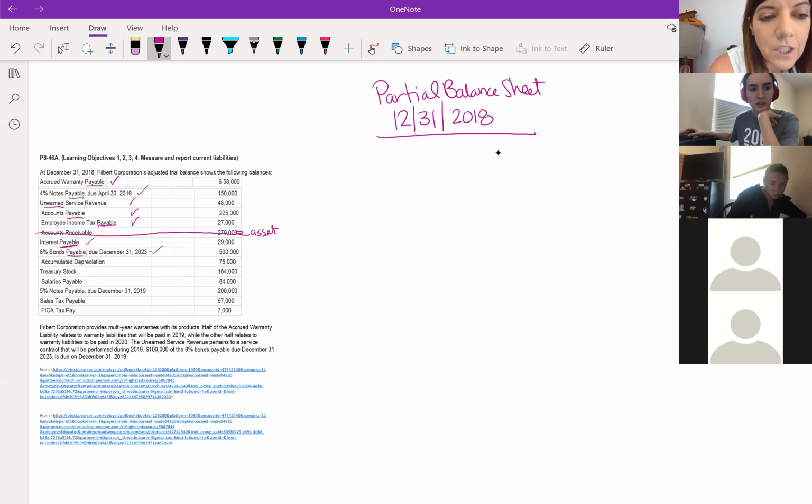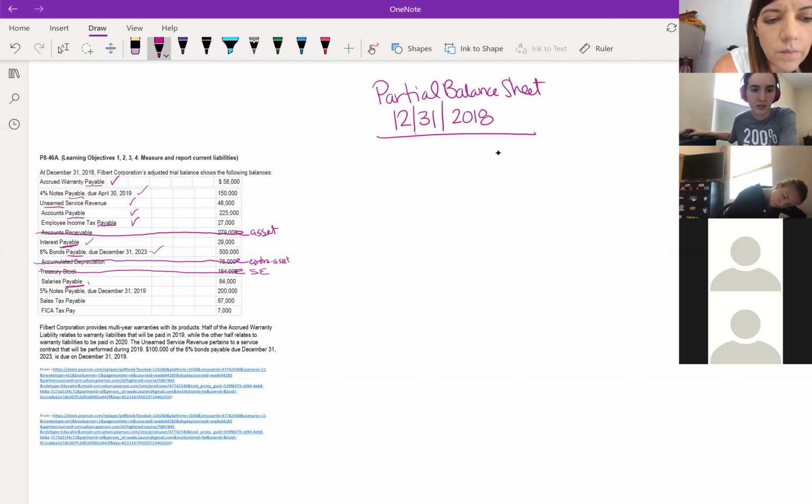Accumulated depreciation is a contra asset. So we remove it. Treasury stock is a stockholder's equity account. We're going to talk about that in chapter 10, next class.